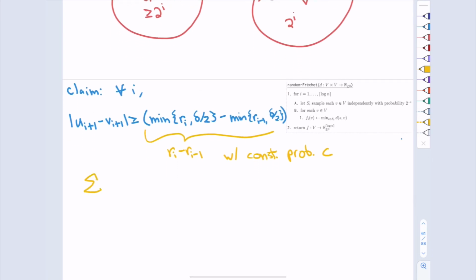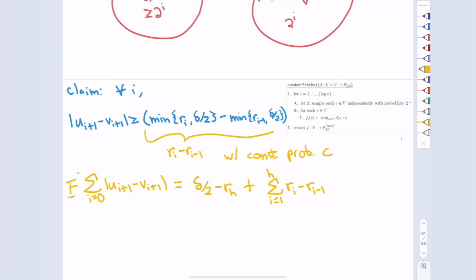Why is this useful? Because if we sum up over all i the difference in coordinates, I guess I didn't have to write i plus 1, so maybe this starts from i equals 0 or something. Then at the top we'll get something like delta over 2 minus some r sub h, where h is the last one before the delta over 2 kicks in, plus this sum of r_i minus r_{i-1}.